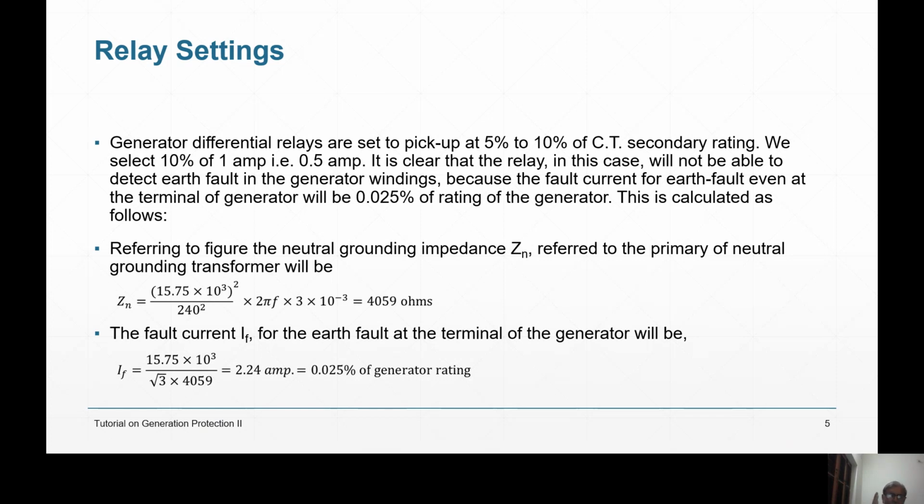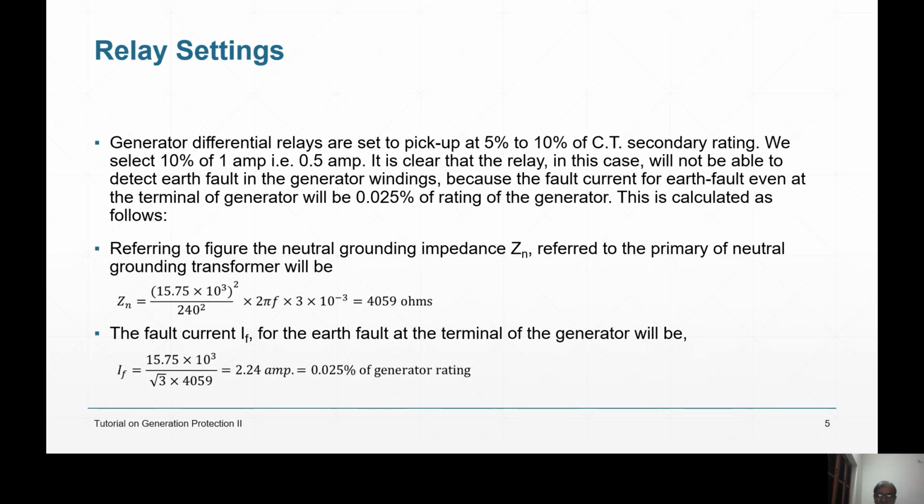So Z1, Z2, Z0 are so low, 0.2, 0.2 and 0.5, 0.1, that with reference to 4059, you can ignore them. And therefore, the fault current comes out to be 2.24 amperes, which is roughly 0.25% of generator rating. 0.25% of 9050 ampere or 10,000 ampere.